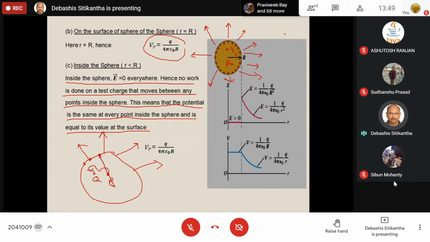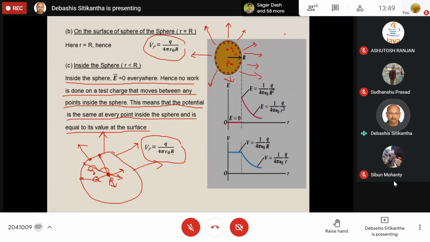If it were a vector quantity, it would have been zero, because due to the symmetry they would cancel out the effect. But in this case, it is not like that. So all these points added together give the potential at the point P. And what is the total potential on the surface? It is nothing but V equals Q by 4 pi epsilon 0 R.